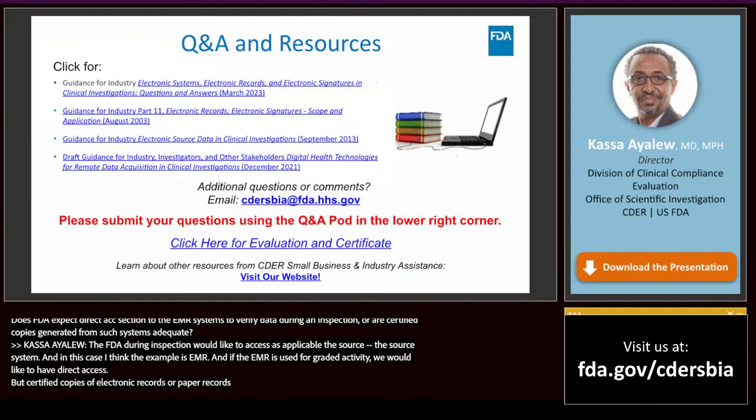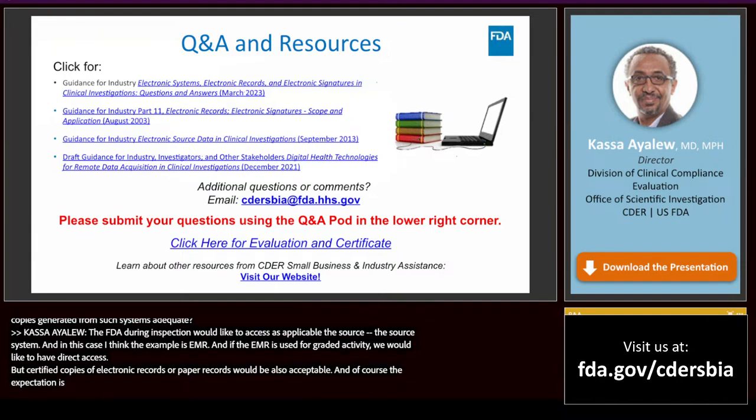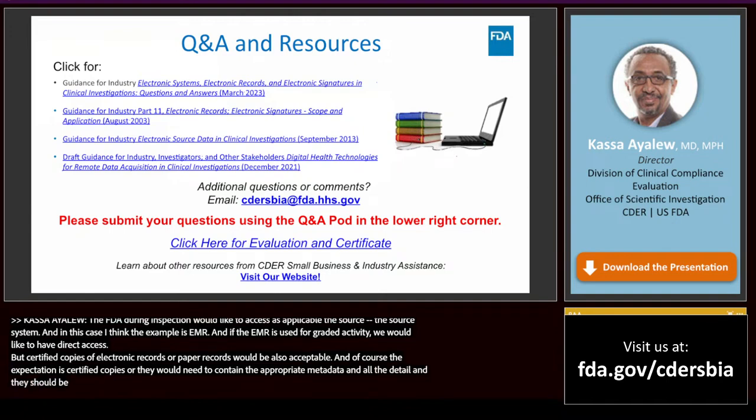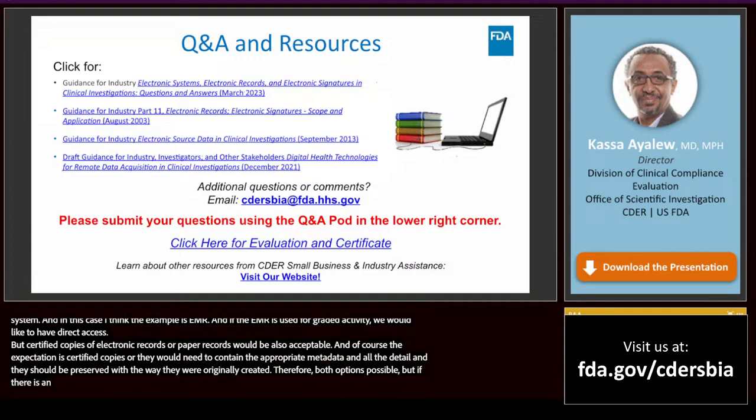And of course, the expectation is that certified copies would need to contain the appropriate metadata and the audit trail, and they should be preserved the way they were originally created. Therefore, both options are possible, but if there is an original source record during inspection, we would prefer to access the source record if it is available. Back to you, Ray. Thank you.